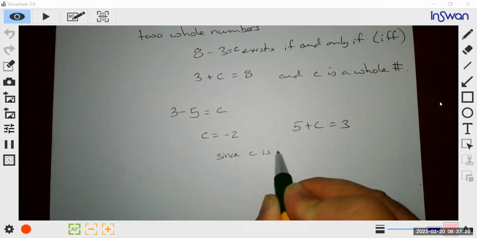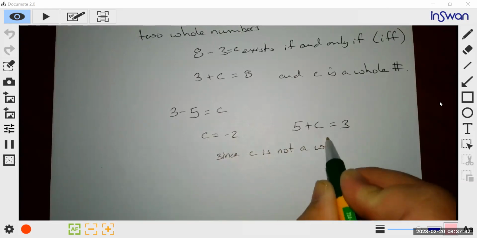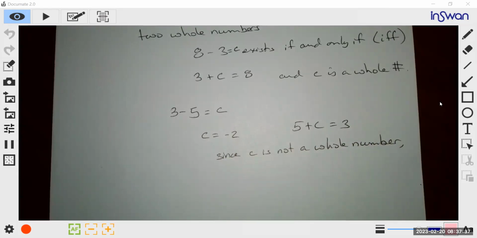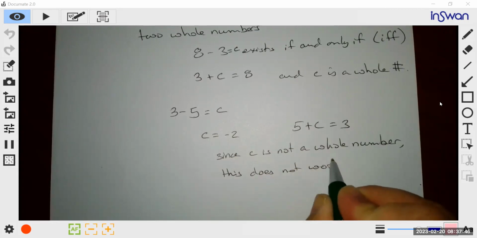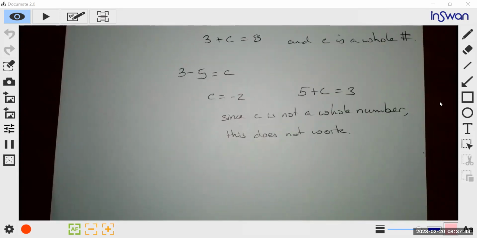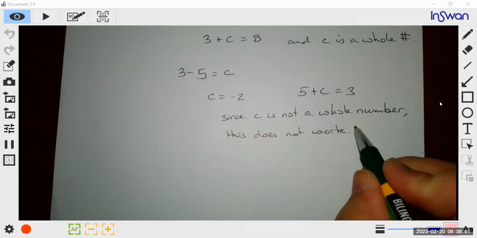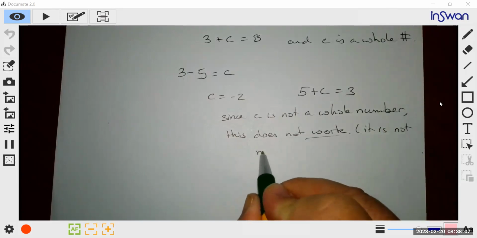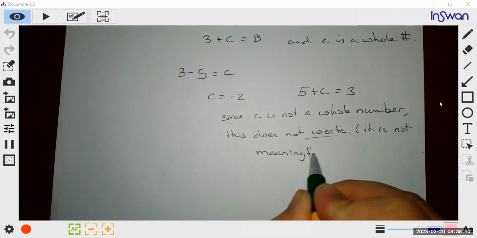Since C is not a whole number, this does not work. If it doesn't work, it is not meaningful.